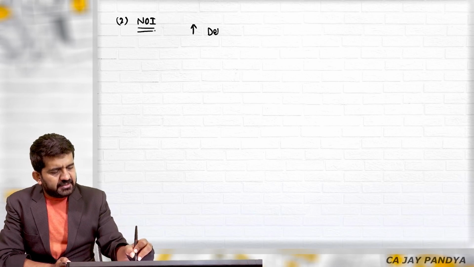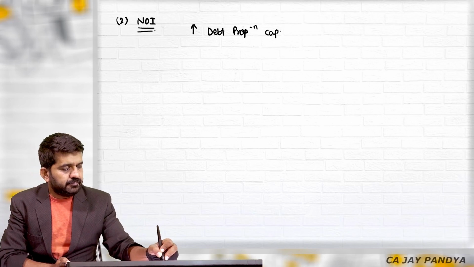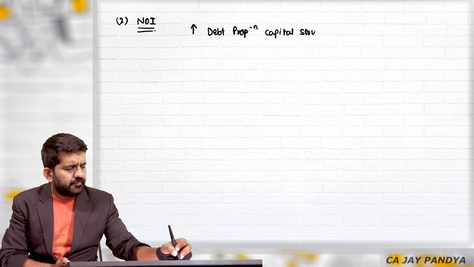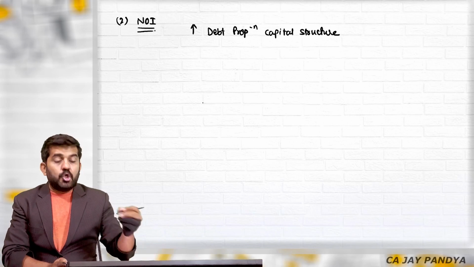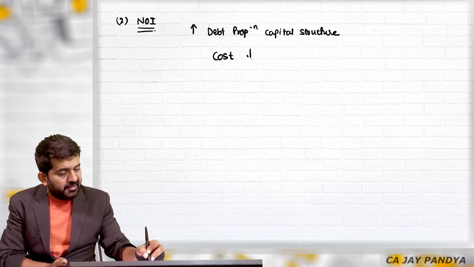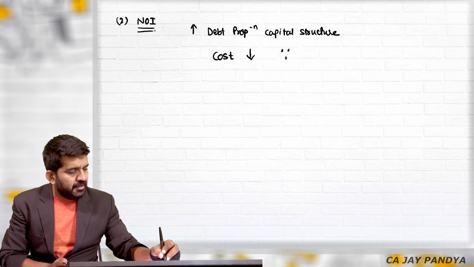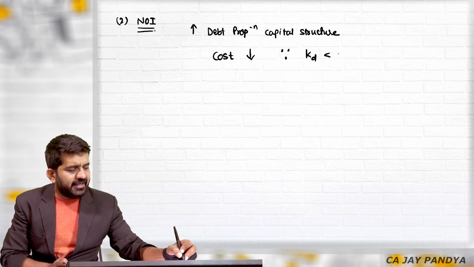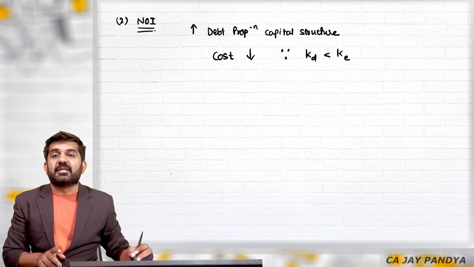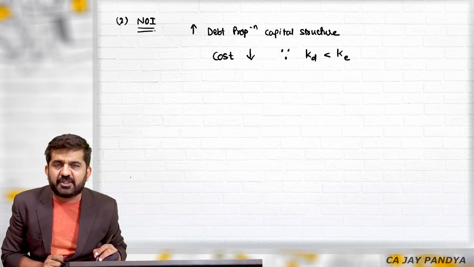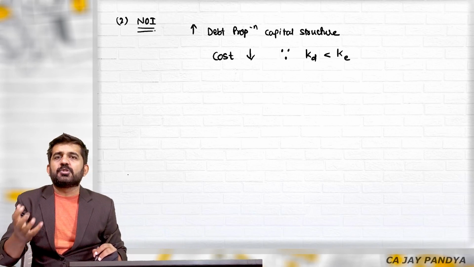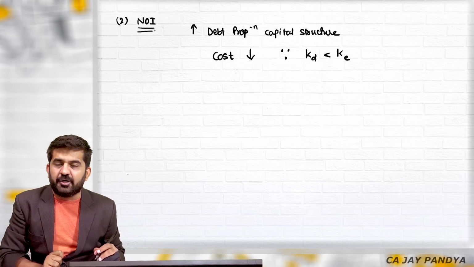We are going to the net operating income approach. What does it say? If you increase the debt proportion in the capital structure, your cost will reduce. Why? Because KD is cheaper than KE; KE is more expensive than KD. So as you use the cheaper material, your overall cost should reduce.